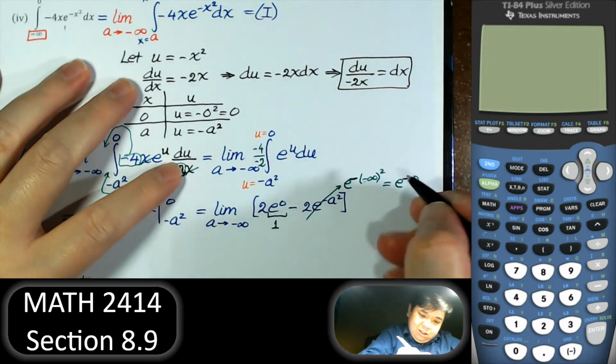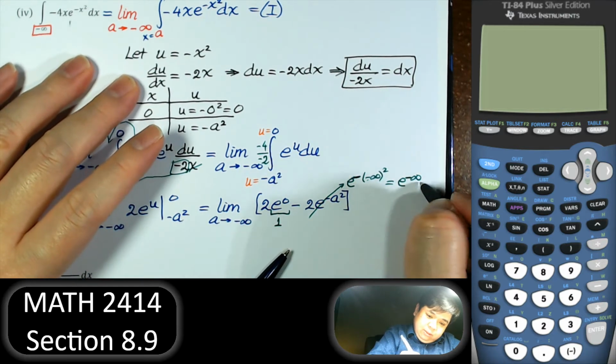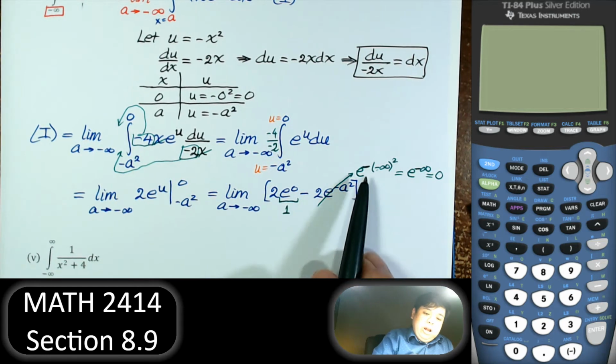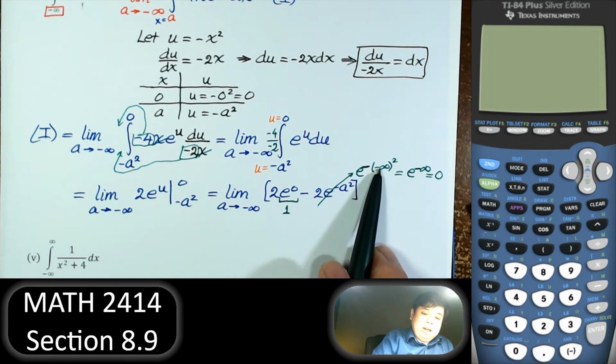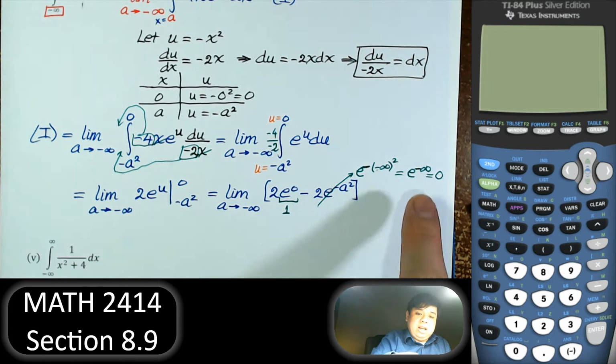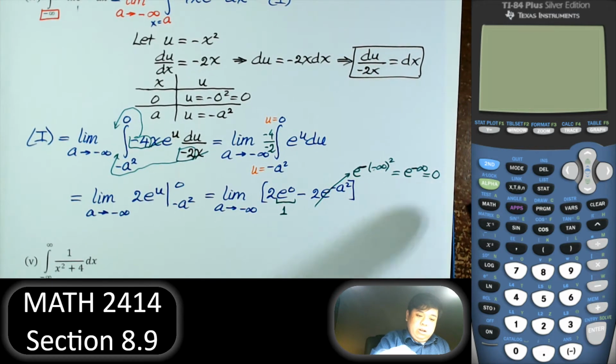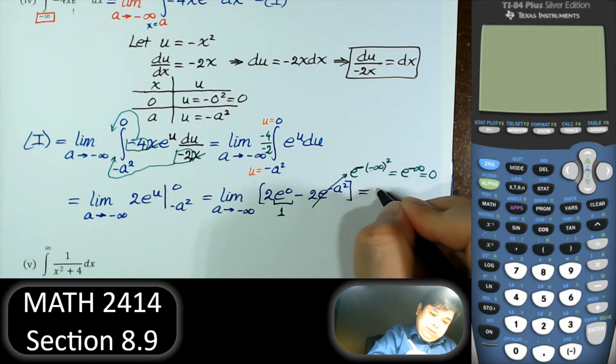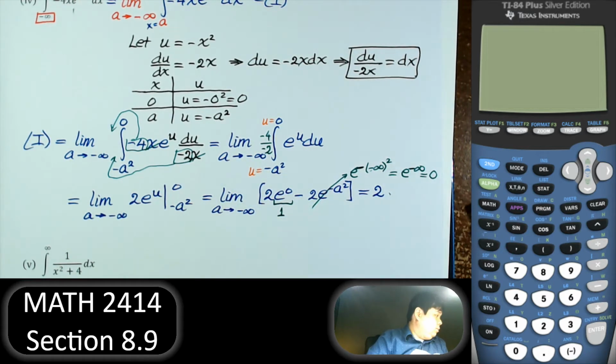Well, that's 0. So negative infinity squared, there are 3 negative signs, so it ends up negative, and that goes to 0. So we just have 2 times 1. So the answer is 2.